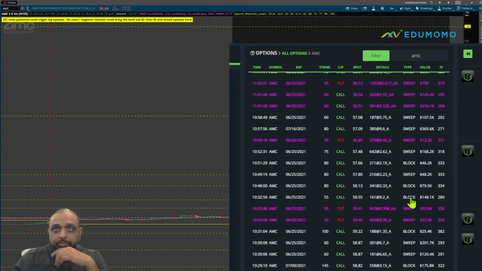And so again here at 10:30, you can see all the whites, but the puts were in these purple right here, and yes, there is all this call flow.